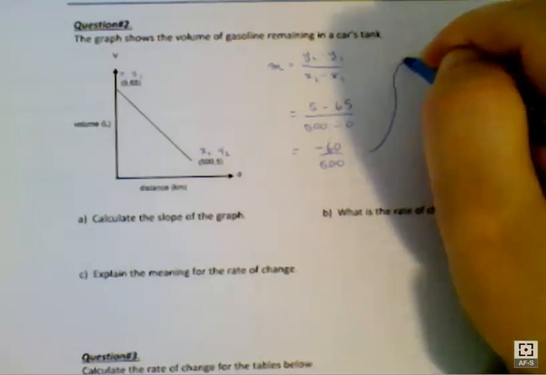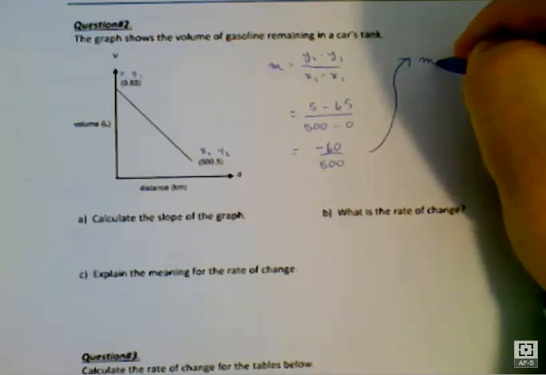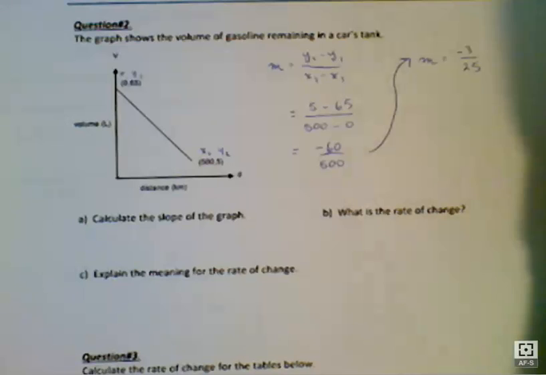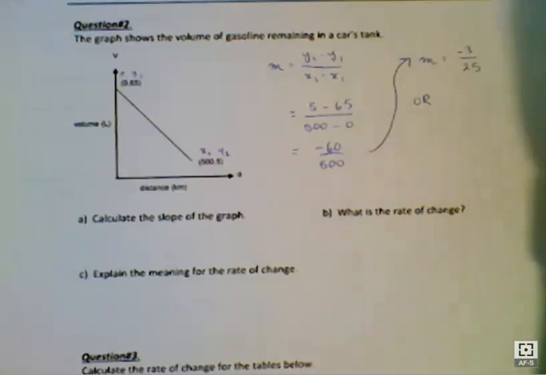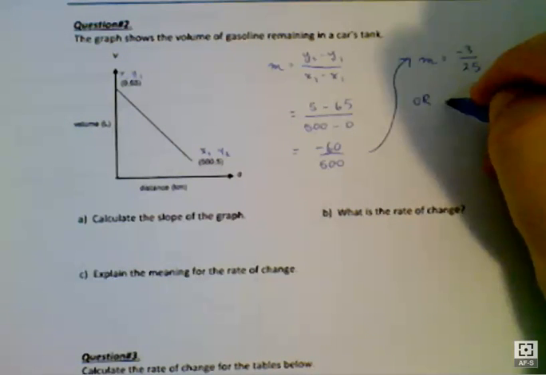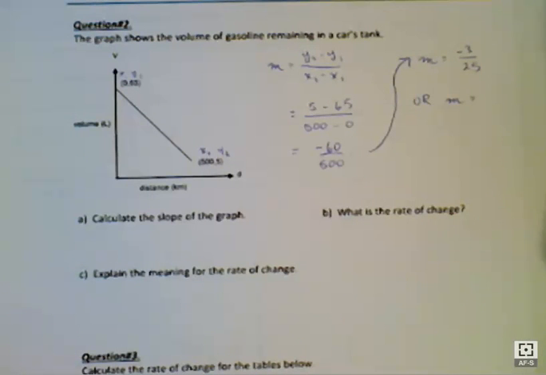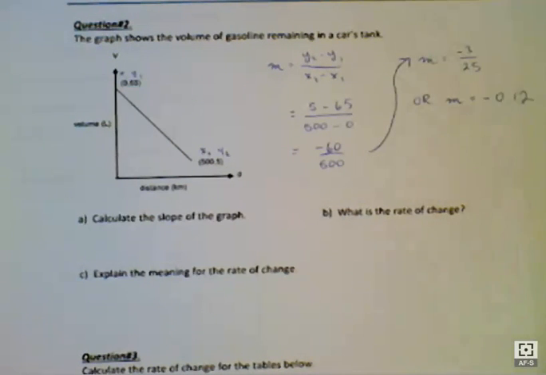Now, in lowest terms, I can divide each of those by 20 and get minus 3 over 25. And I could leave it just like that, and that's just fine. Or, and this may be practical for some applications, we could get that as a decimal. 3 over 25, I believe that is negative 0.12.